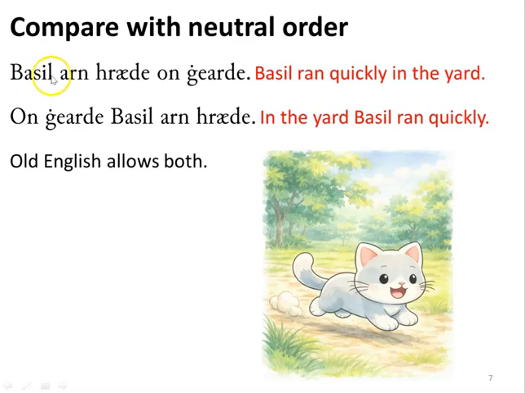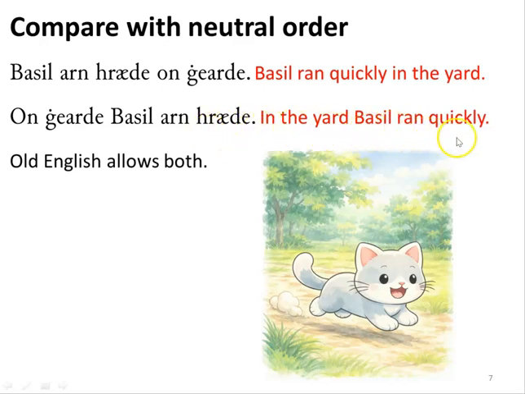All right, compare it with the neutral order. So Basil ran quickly on ģearde. Basil ran quickly in the yard. Now, you would expect in modern English subject, verb, and then the rest, right? Location at the end, adverb here, quickly. But we can also have on ģearde Basil ran quickly.